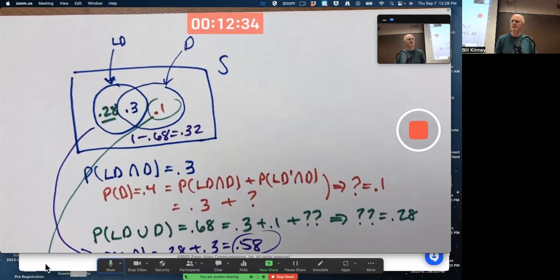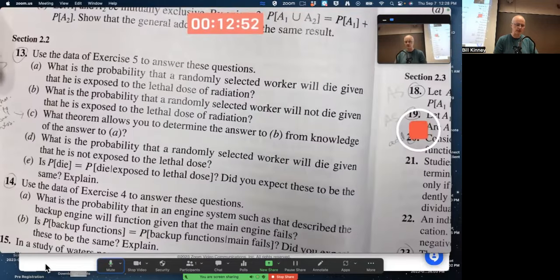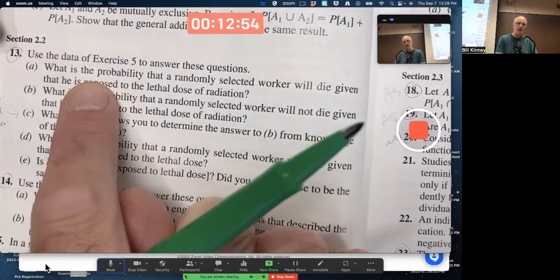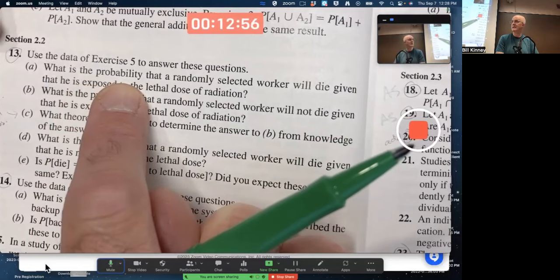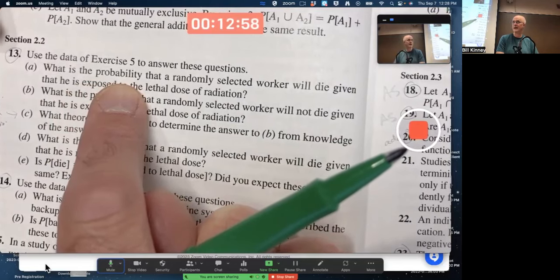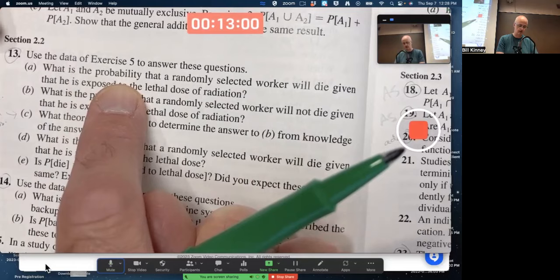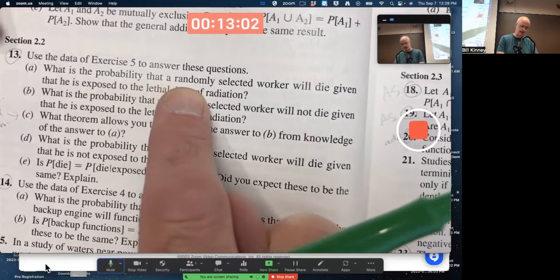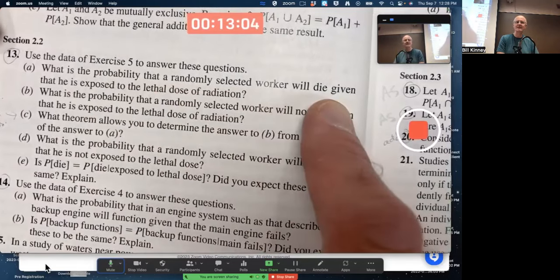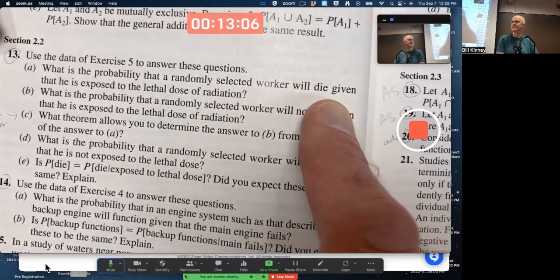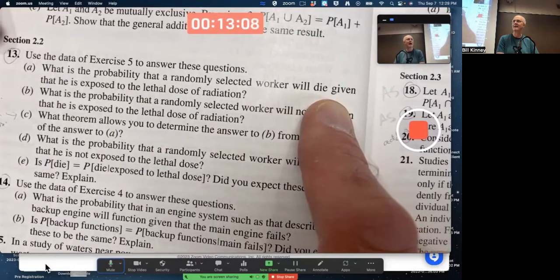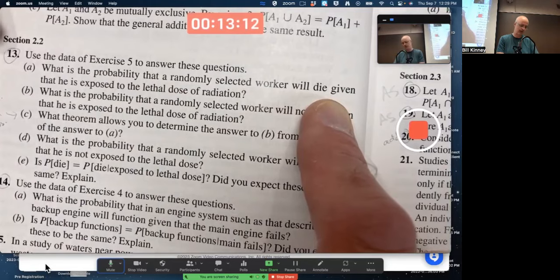I think it's problem 14 or something, you end up thinking about conditional probabilities in this context. We'll go ahead and look at that one. These are about conditional probabilities. What is the probability? You don't see the word conditional here, so you have to understand why it's conditional. What is the probability that a randomly selected worker will die given that? Okay, look for words like given that, or if it is known that, or if you assume that.